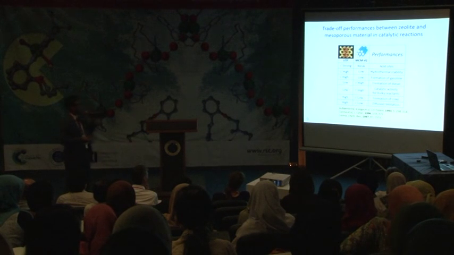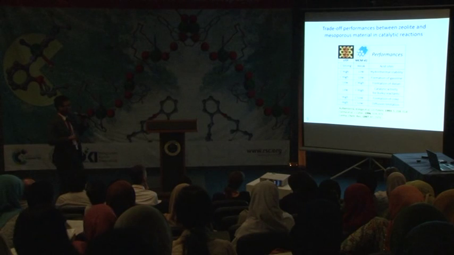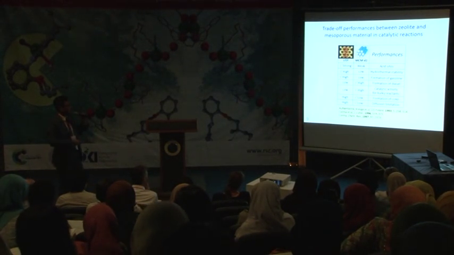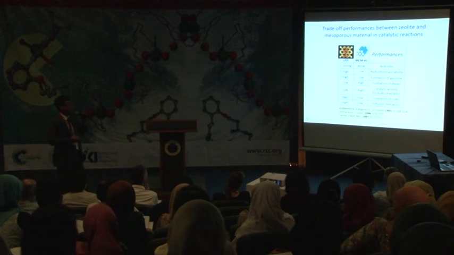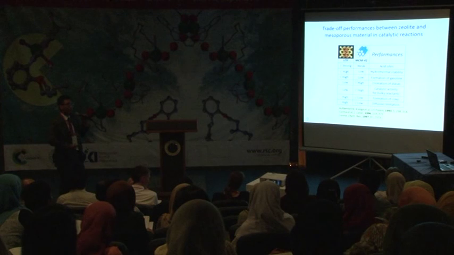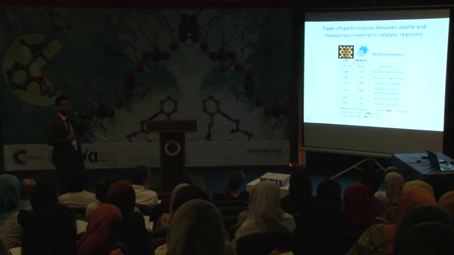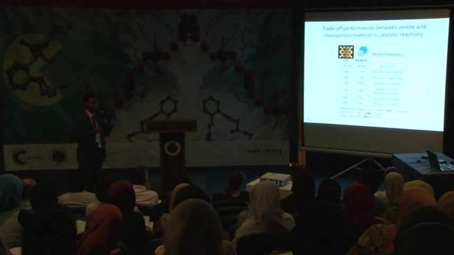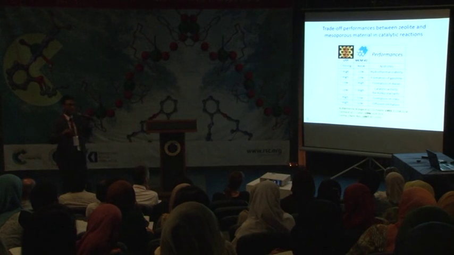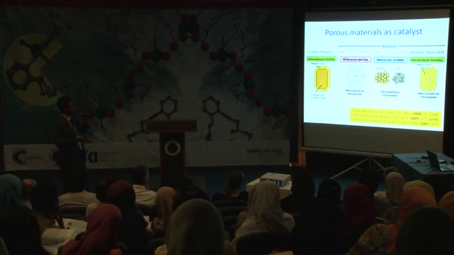So it has a low formation of diesel. Also probably due to the relatively small microporosity, it has a diffusion limitation in that respect. So probably this trade-off in performance can be solved in the new hierarchically porous zeolite. That's what we call it.